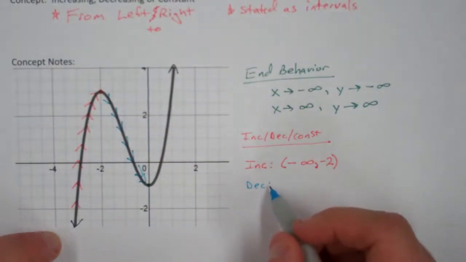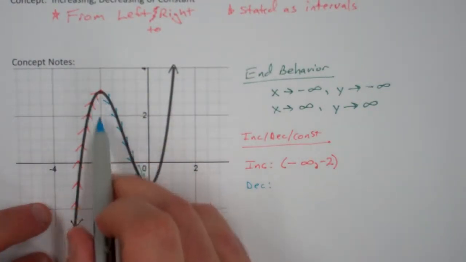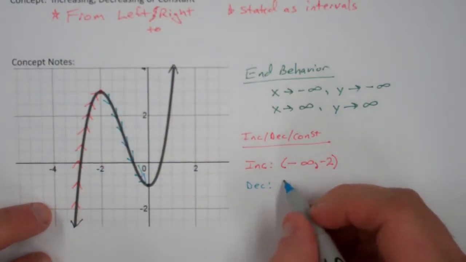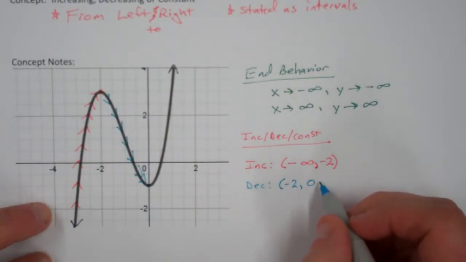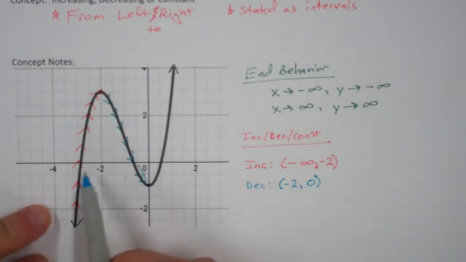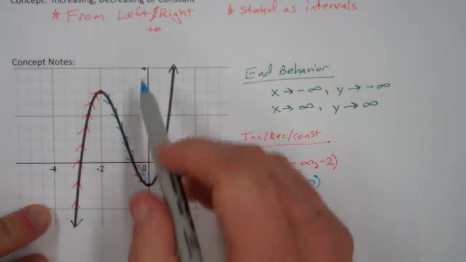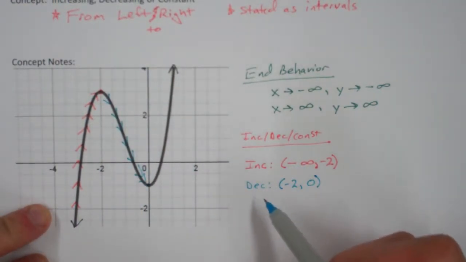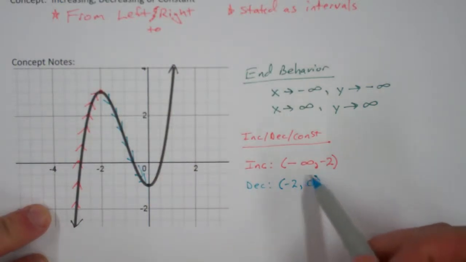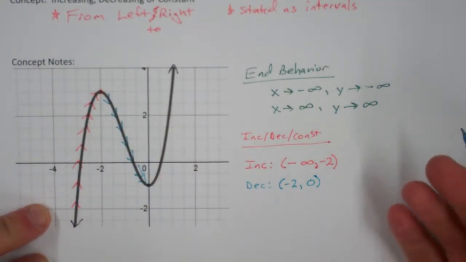So we want to list our decreasing interval as from -2 to 0. Notice we are only worried about the x values here. I am not concerned at all with the y values, because when we say decreasing, we mean the y values are decreasing. We're wondering what values of x does that happen.